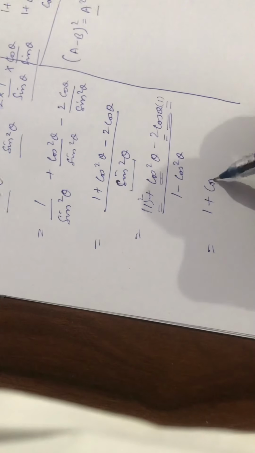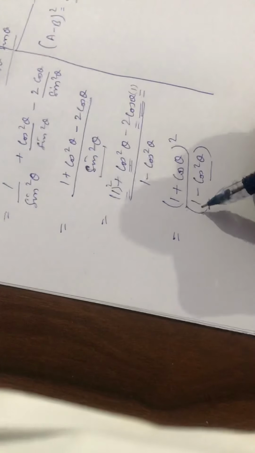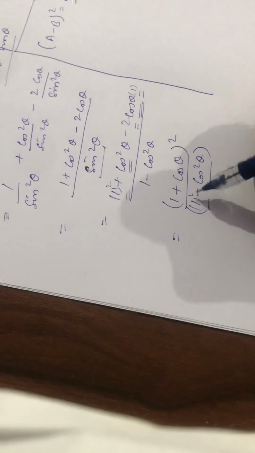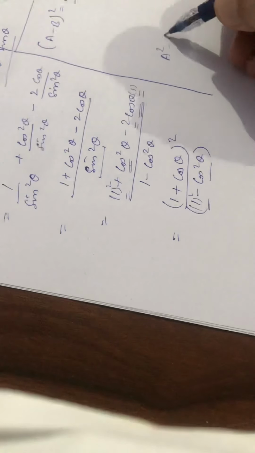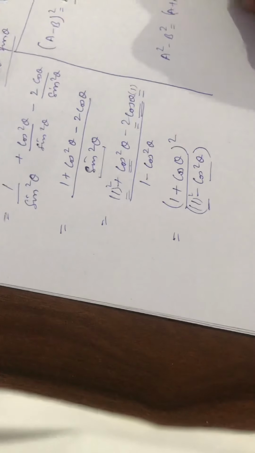So in this way we can put it as (1 minus cos theta) whole square upon (1 minus cos square theta), and you know this is like a square minus b square. So you know a square minus b square equals (a plus b) into (a minus b).